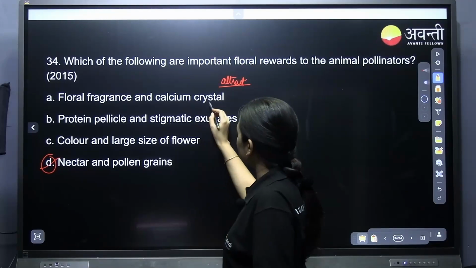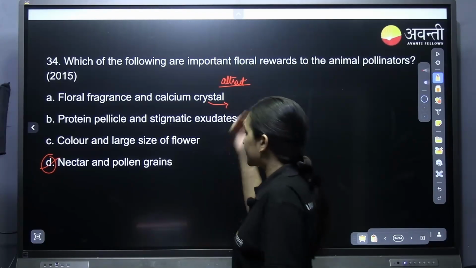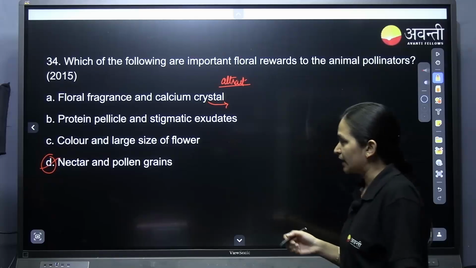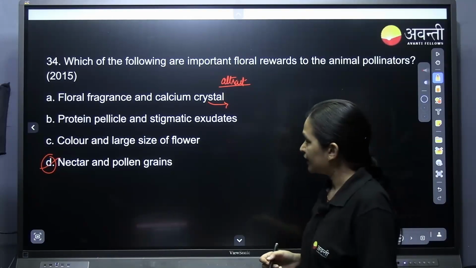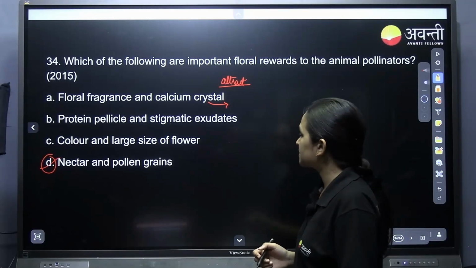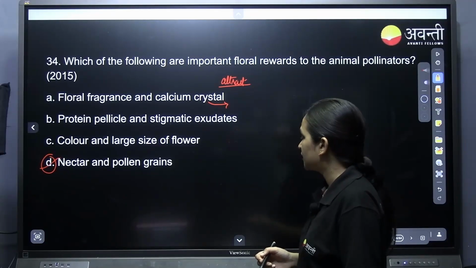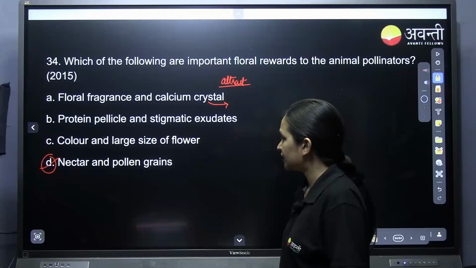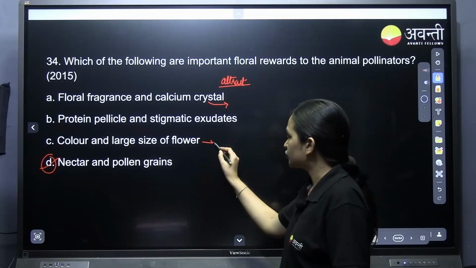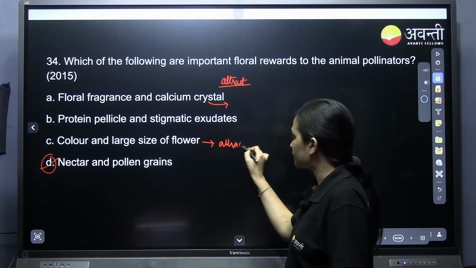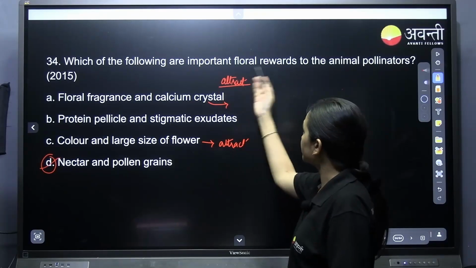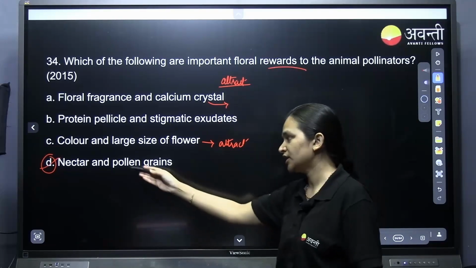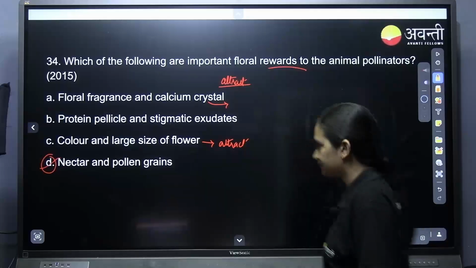Calcium crystal is an excretory material in plants. Protein pellicle and stigmatic exudates help in the process of pollination. The color and large size of the flower are to attract. So we need to find the rewards. Rewards are only nectar and pollen grains.